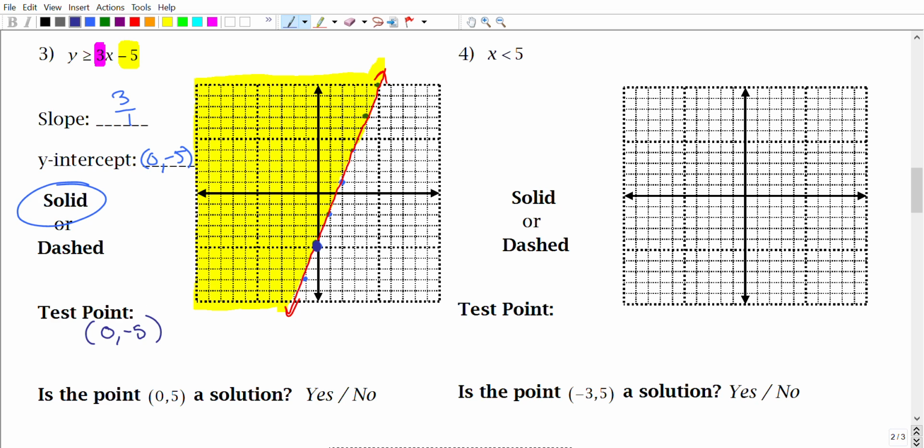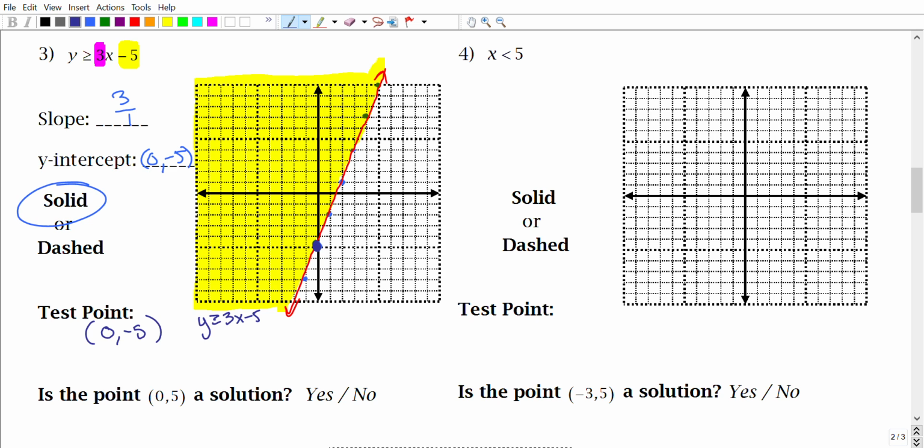Now, that doesn't look like it's in the shaded region because it's directly on the line, but let's see if that qualifies as a solution. Let's substitute it into my inequality. My original inequality was y is greater than or equal to 3x minus 5.